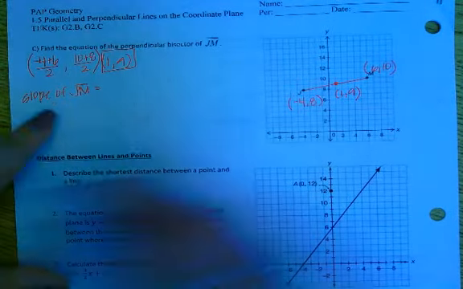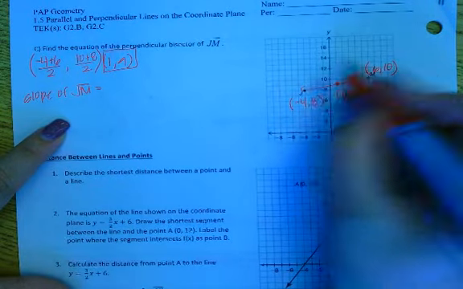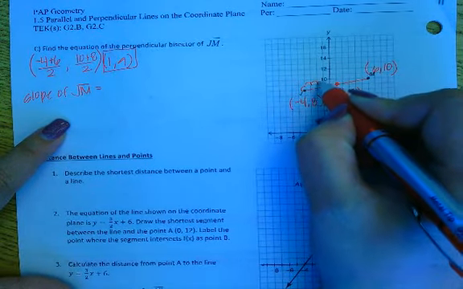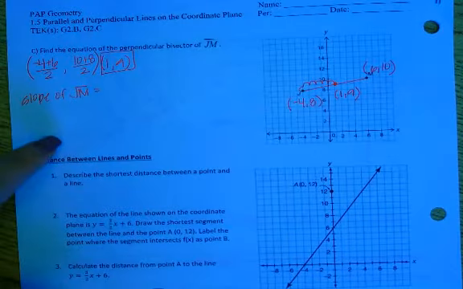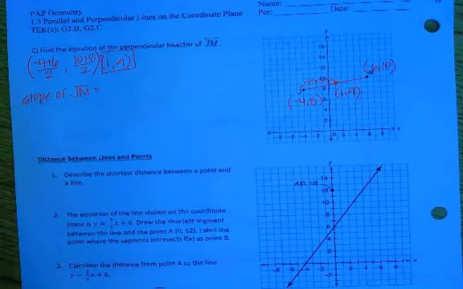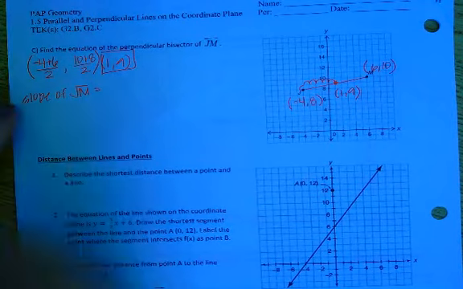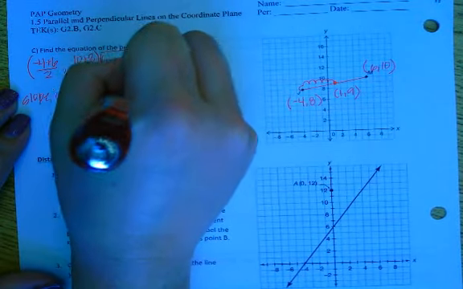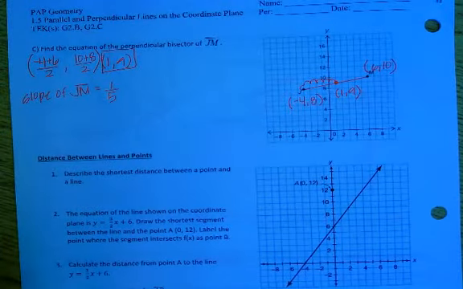Rise over run. So rising 1, running how many? 5. So what's our slope? 1/5, because rise over run. Okay. Now what?